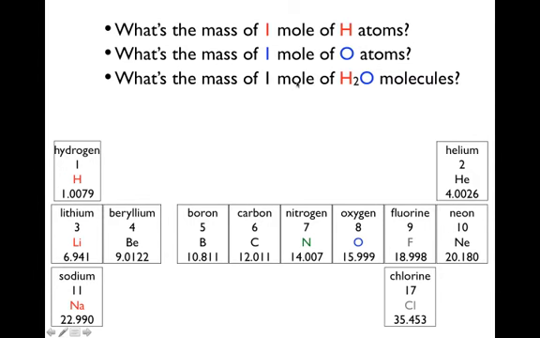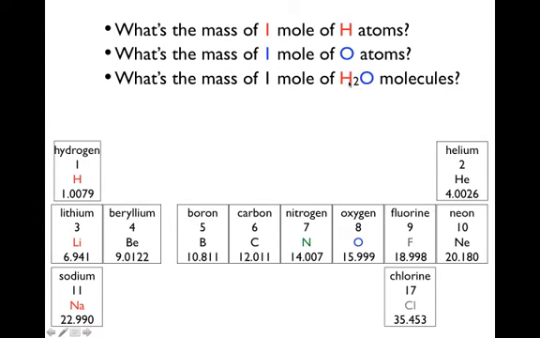You can have a mole of cars, you can have a mole of people if you wanted to, and you can have 1 mole of water molecules as well. What this means is you have 6.02 times 10 to the 23 water molecules. And what I'm asking is, if you have 6.02 times 10 to the 23 water molecules, how much does it weigh?